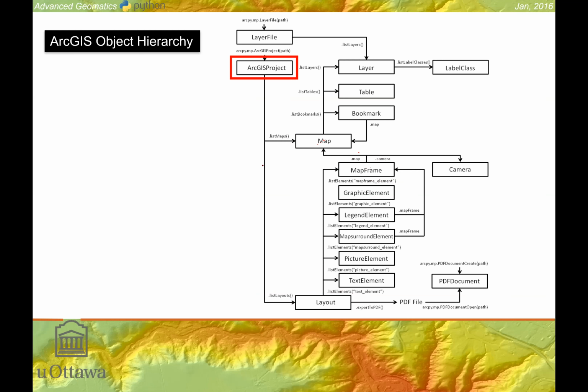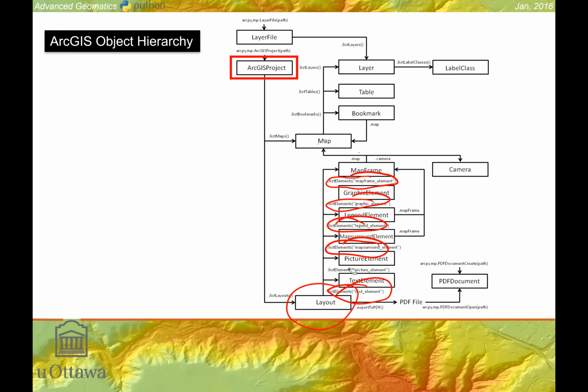We can also, with a layout, get the elements. So we can list elements to get map frame elements. We can get graphic elements, legend elements, map surround elements, like the ones I showed you, picture elements, and text elements.